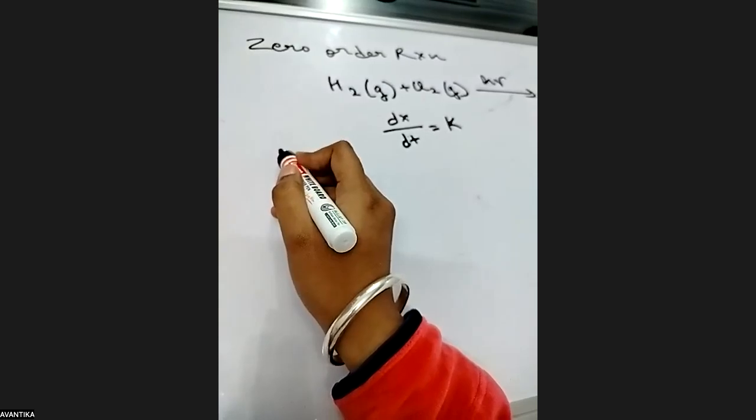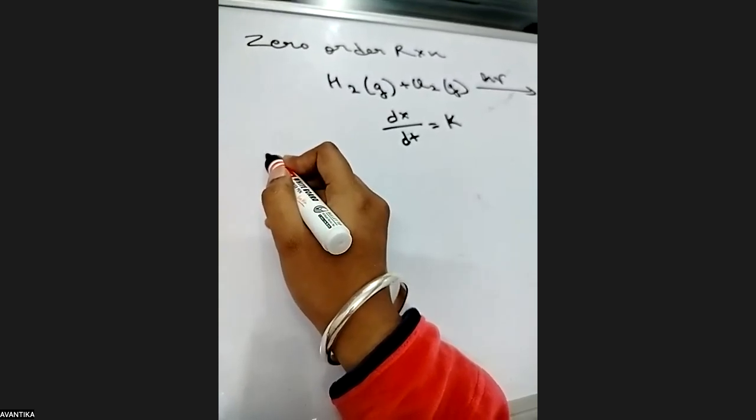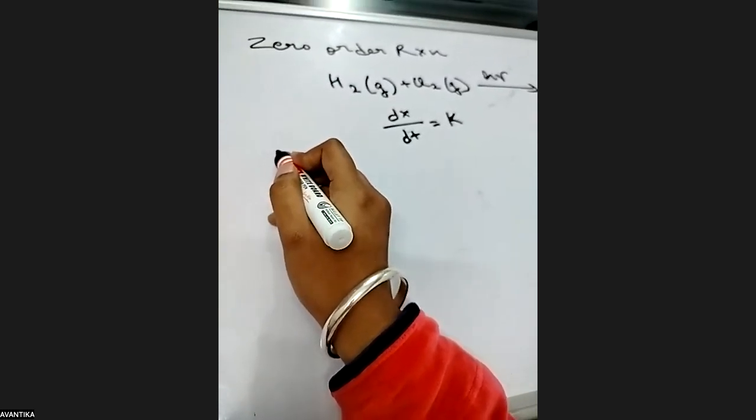Yes. SN1 first order, SN2 second order reactions. Third order: 2NO plus O2 gives 2NO2. Yes, sir. And every radioactive process is first order reaction. Yes, right. Yes, good. Today, good work from your side.